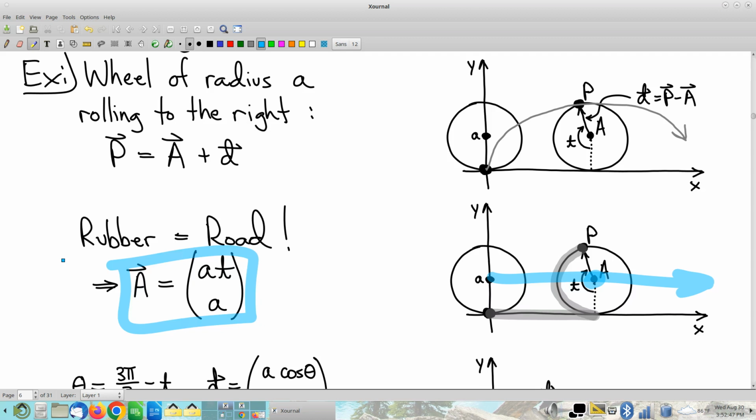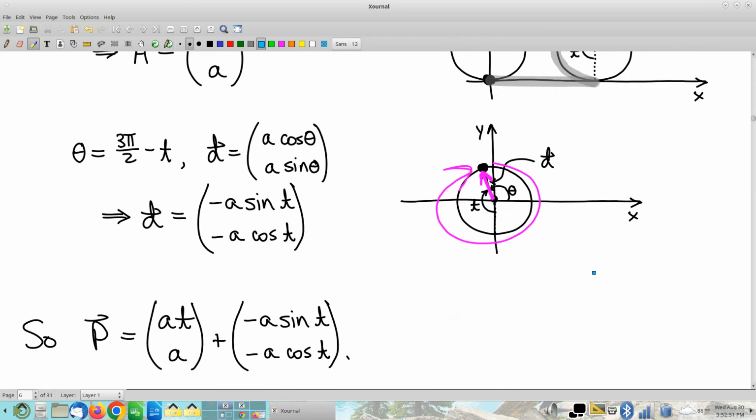All right, now next, let's talk about this D vector. What's the deal with that D vector? Easy observation to make about the D vector is this right here. It's a vector of known magnitude A, and if I were to know this angle theta, then D is just A cosine theta, A sine theta, right?